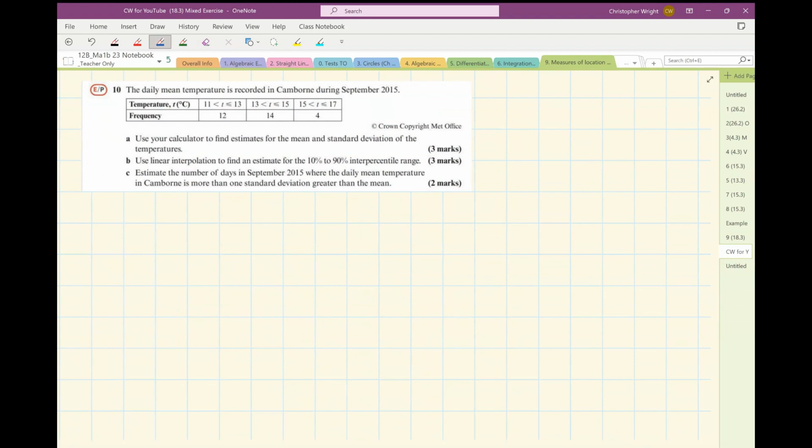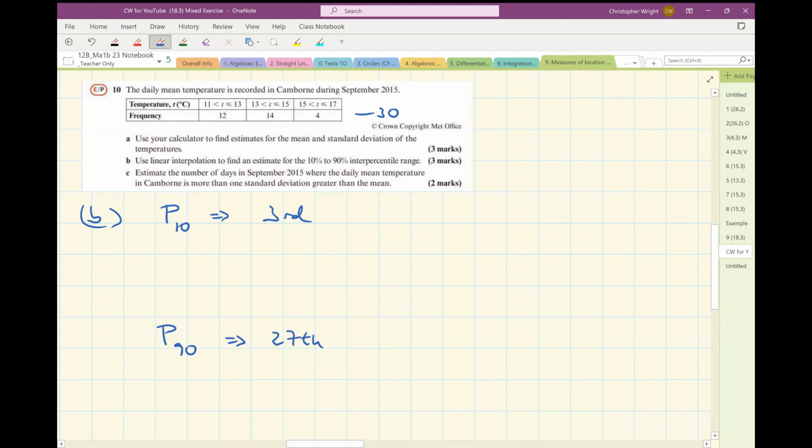So for part B, I'm going to need to find the value of the 10th percentile and also the value of the 90th percentile. Now, how many days are there altogether? 30. So the 10th percentile is going to be the third data value, and the 90th percentile is presumably going to be the 27th data value.